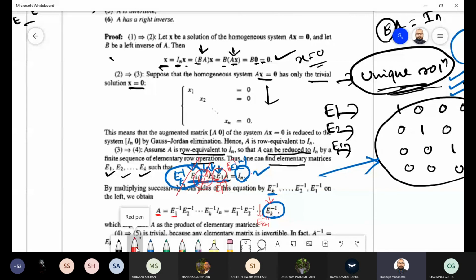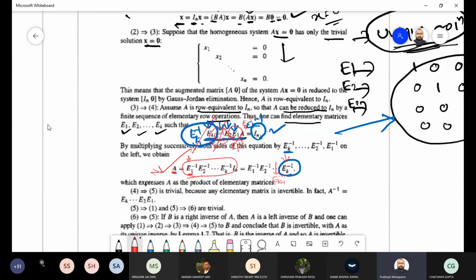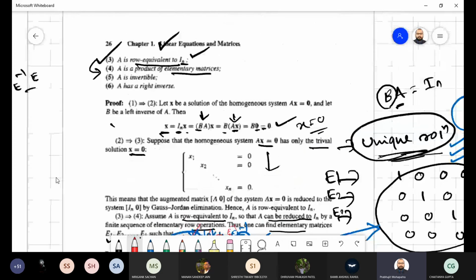So now A is expressed this way. As we know, if E is an elementary matrix, E inverse is also an elementary matrix. So A can be written as a product of elementary matrices. Getting or not? A is nothing but a product of elementary matrices. So the same thing is here.